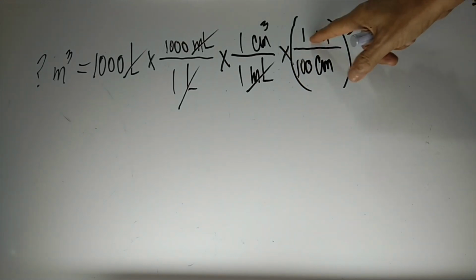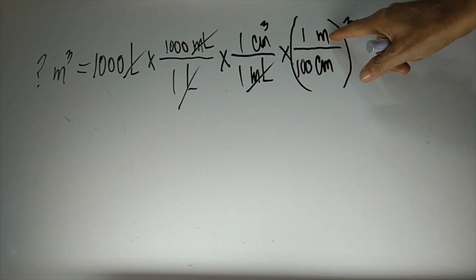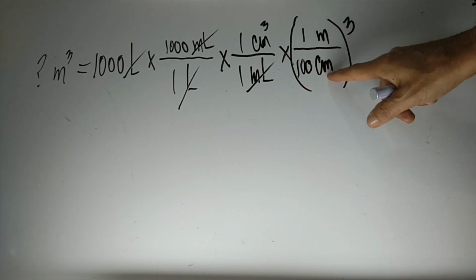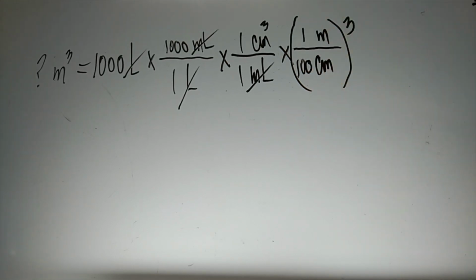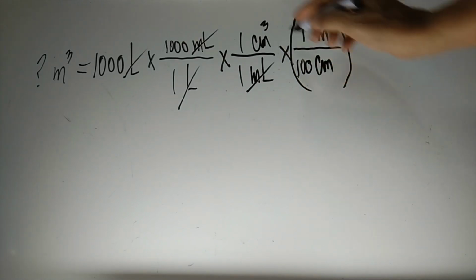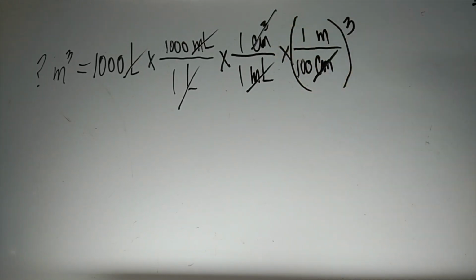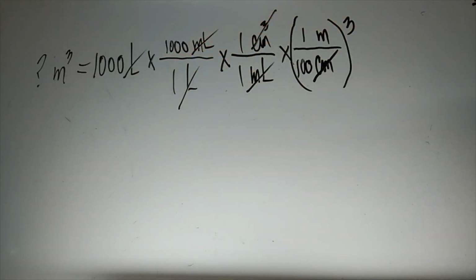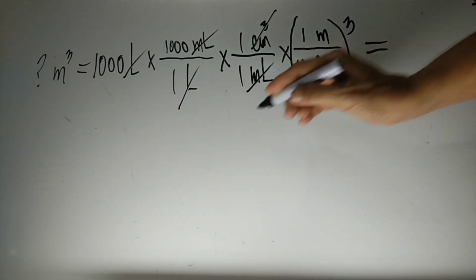So, this will become 1 cube, meter cube, 100 cube, centimeter cube. Okay, so cancel. What will remain will be the cubic meters, which is the desired unit. So we will write the equal symbol here. Next is perform the indicated operations.